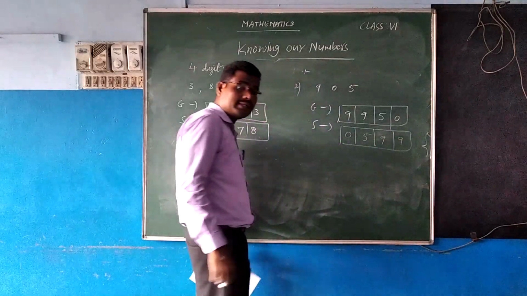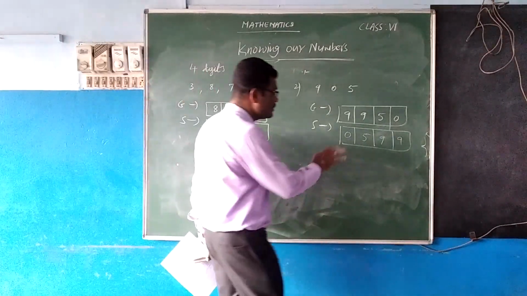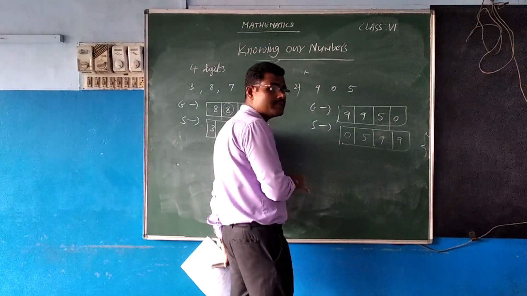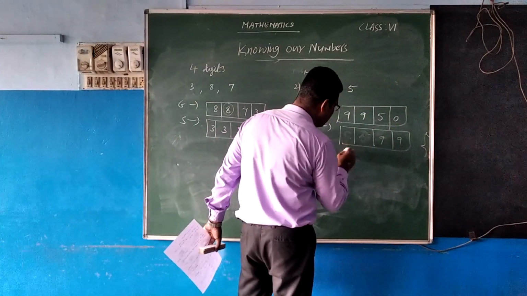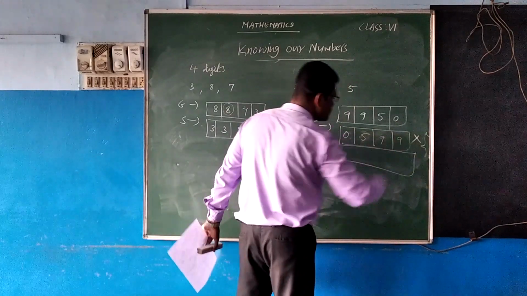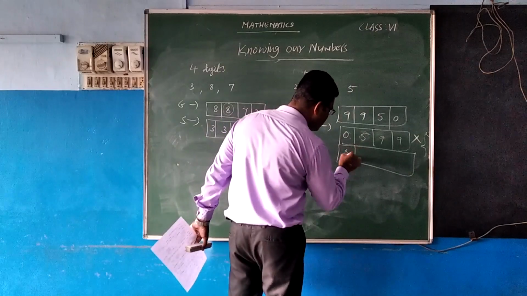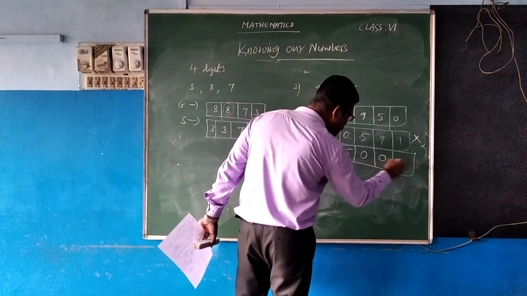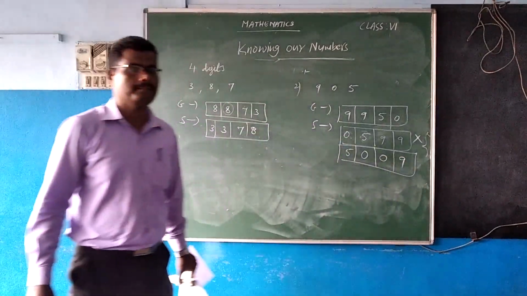You cannot write like this because when you write 0 first, it is having only 3 digits. So we have to write it differently. First you have to take 5. Thereafter you have to repeat the digits 0, 0 and 9.